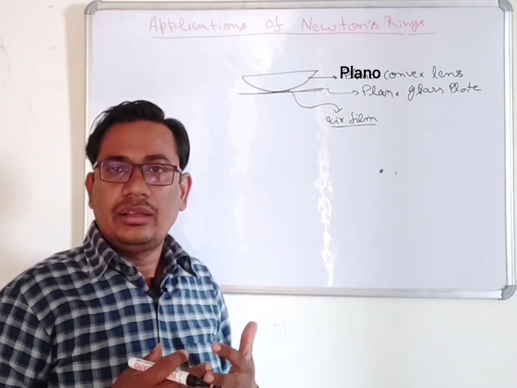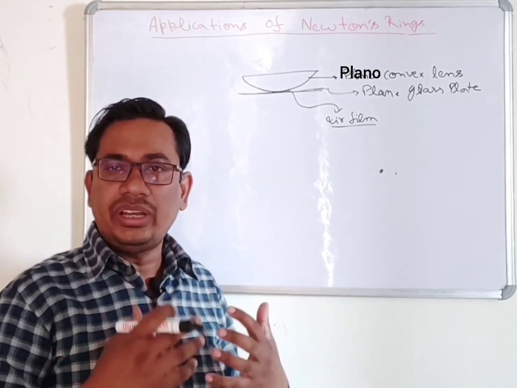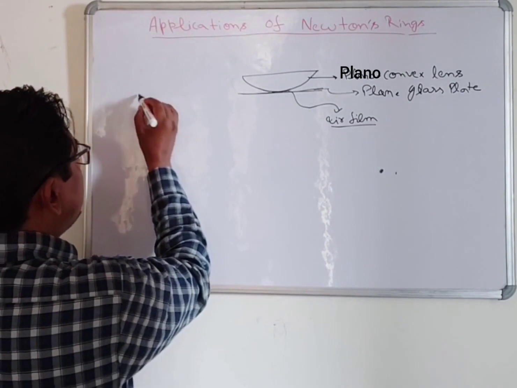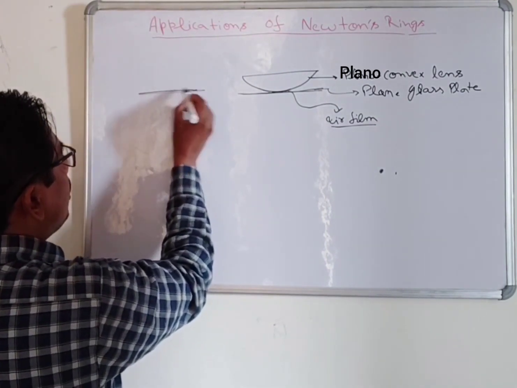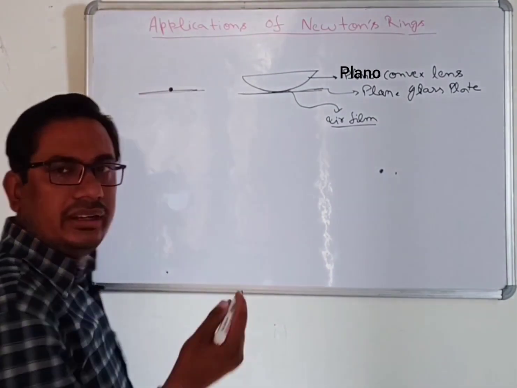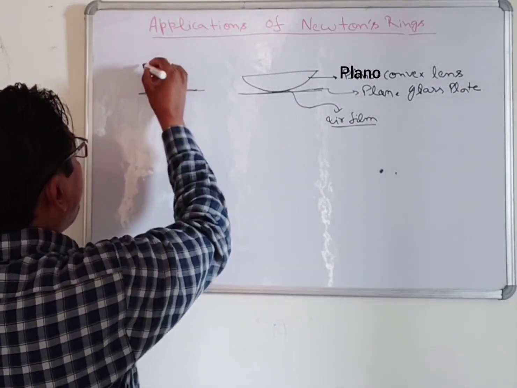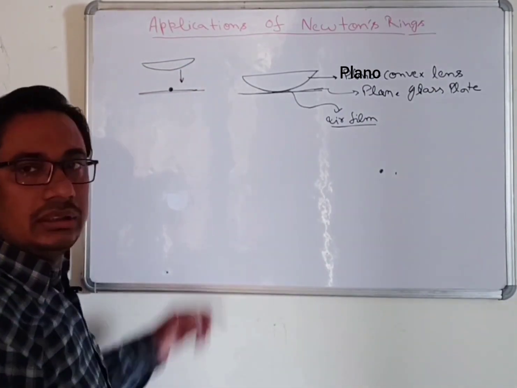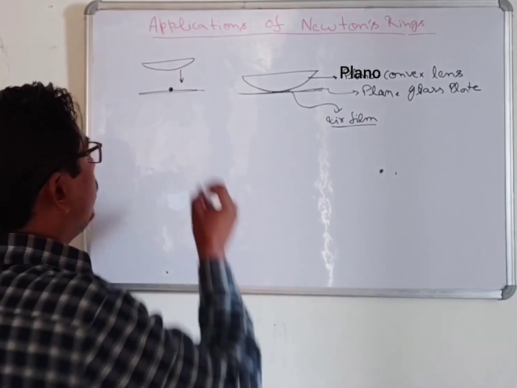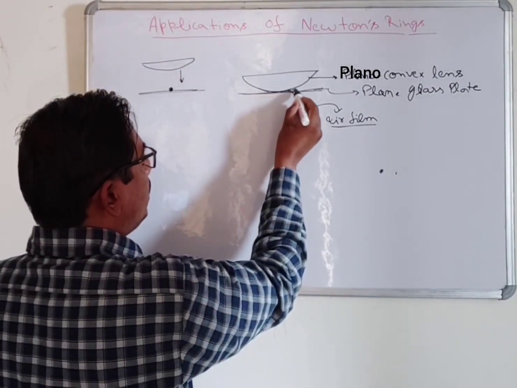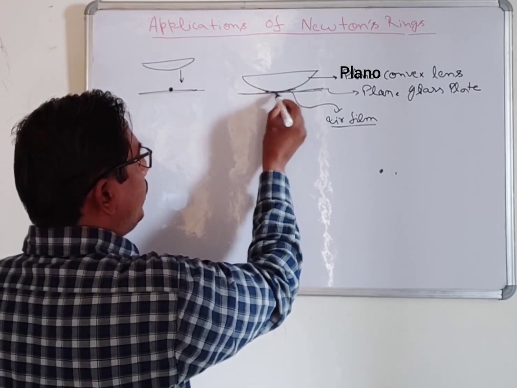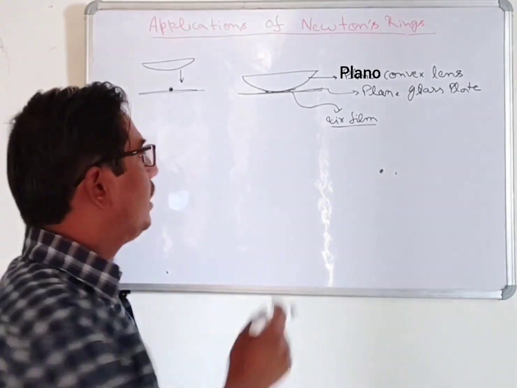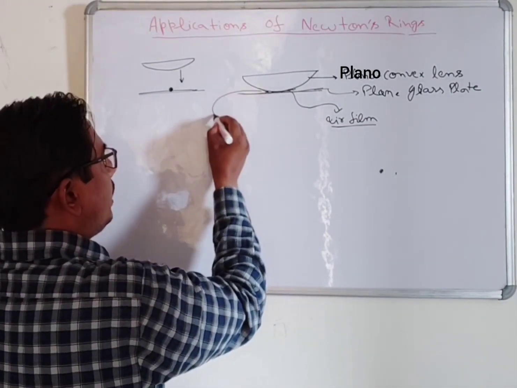Suppose you want to use a liquid like water or oil, what will happen? Suppose you choose a drop of oil or liquid, and when you put a plano-convex lens on this surface, a small thin layer of the liquid will be formed between the two surfaces. It means it can be a liquid also.